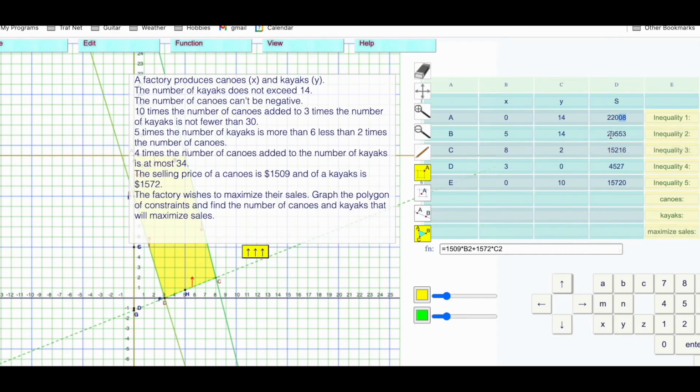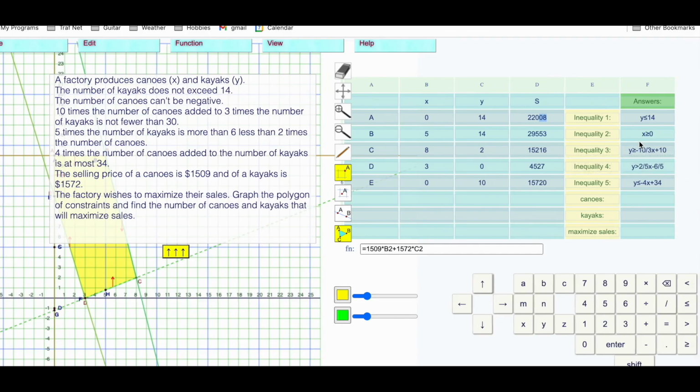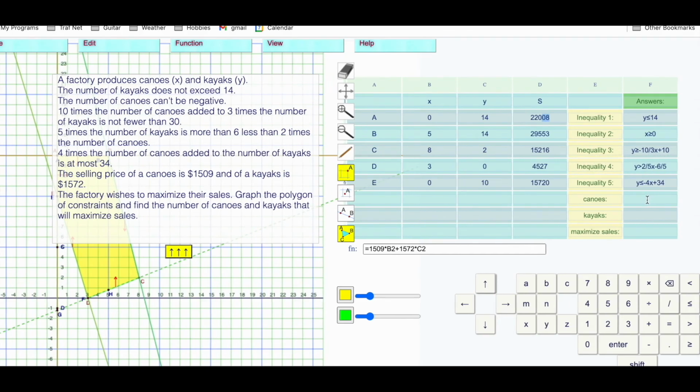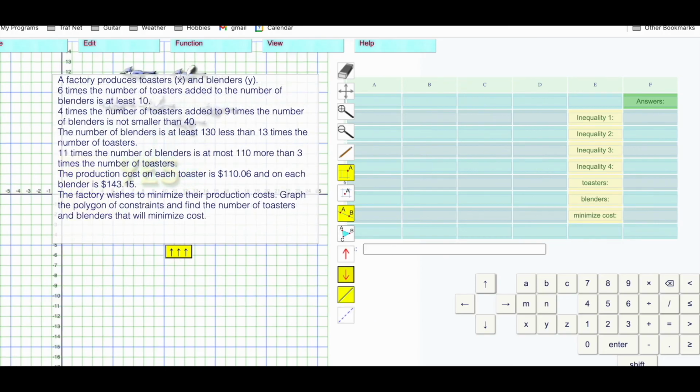So the biggest sale we have is $29,553. That is for 5 canoes, 14 kayaks. The sales are $29,553. And then we press enter to see if we are right. Yay. And that's how you do a level 5 type question.